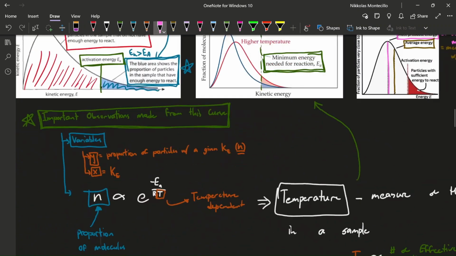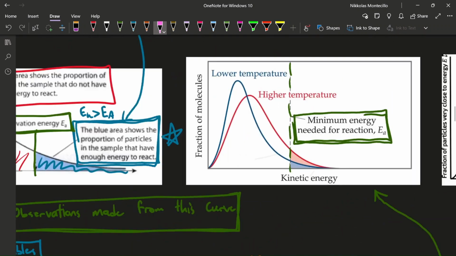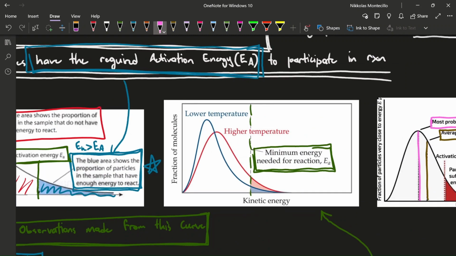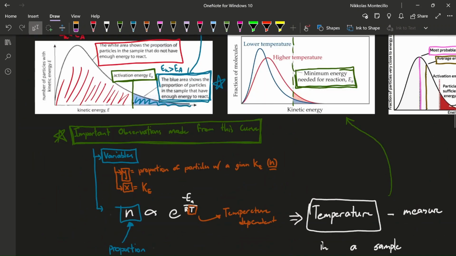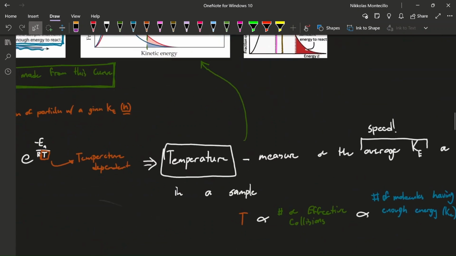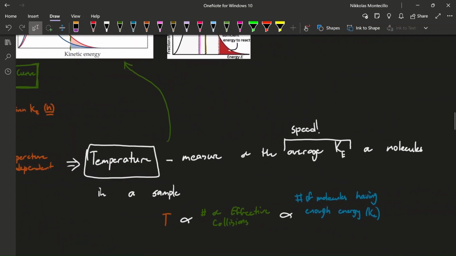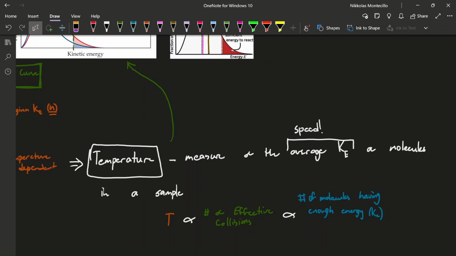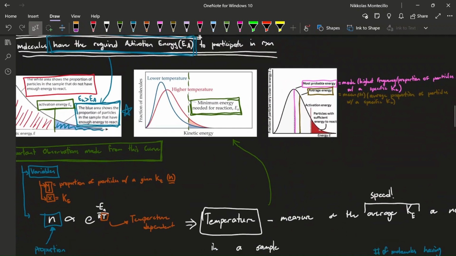Okay. Now it's important to highlight the relationship. For this graph here, I think this graph will best elucidate the concept. We can see here that the proportion of molecules having enough energy to react is directly proportional to T, the temperature.